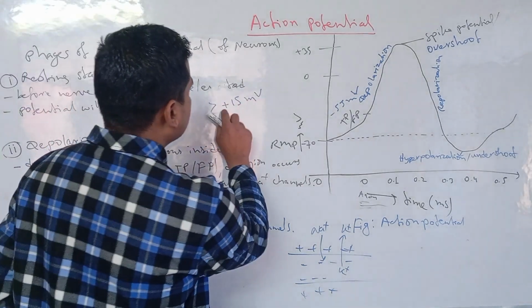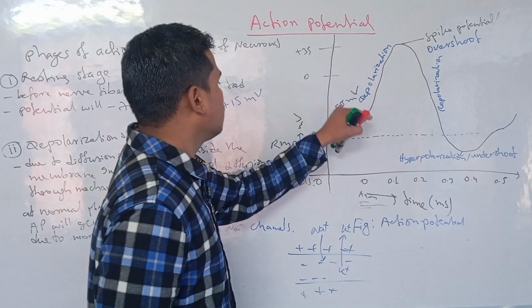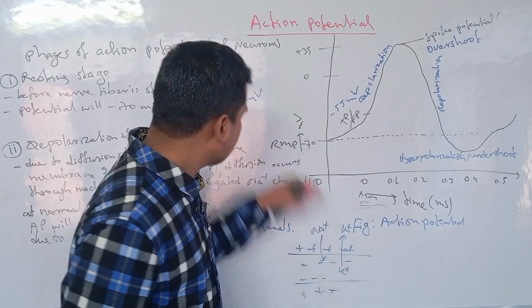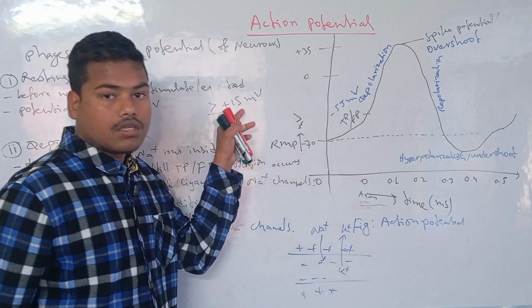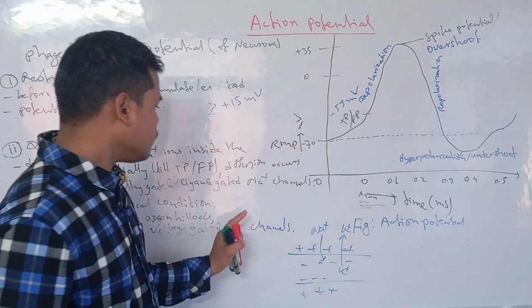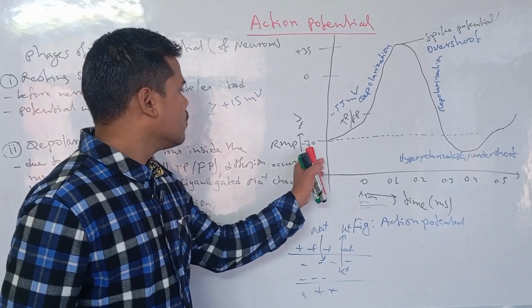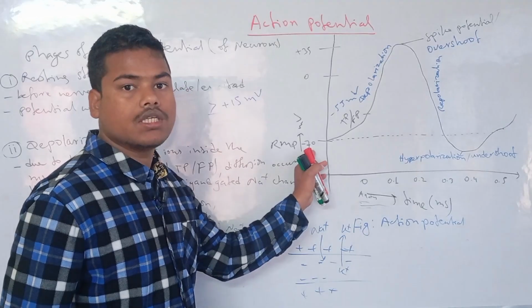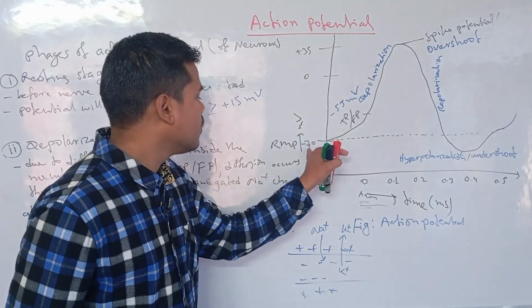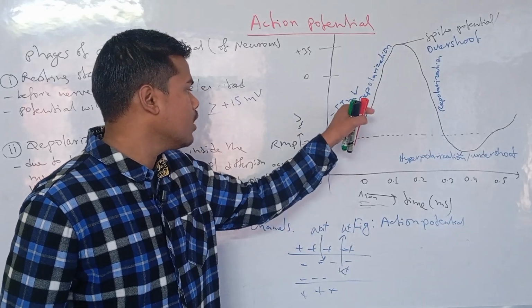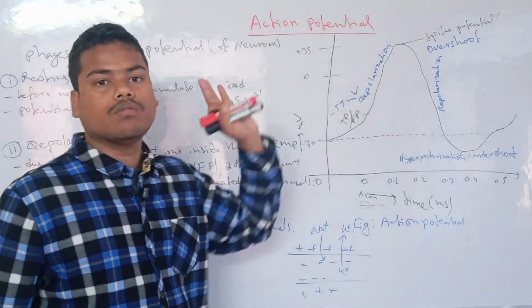So here, this 15 millivolt positive potential increases the potential in the positive direction from minus 70 millivolt to minus 55 millivolt.